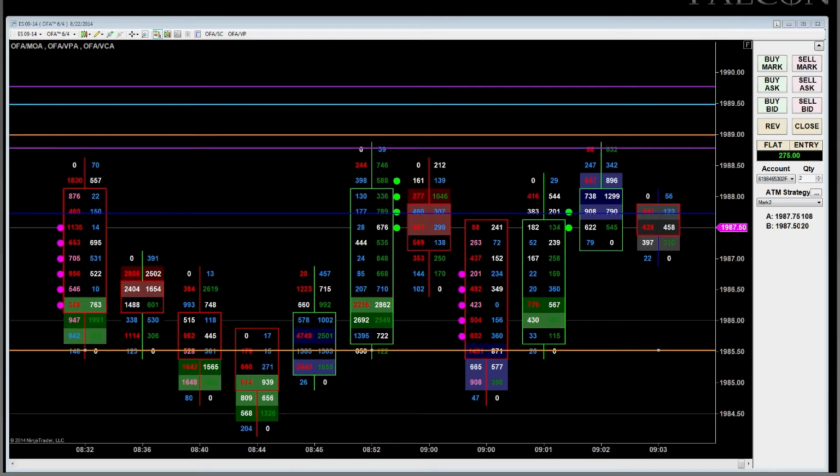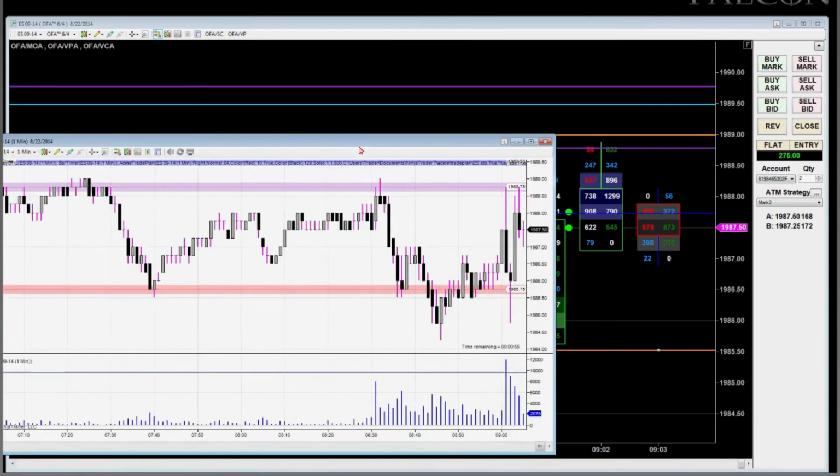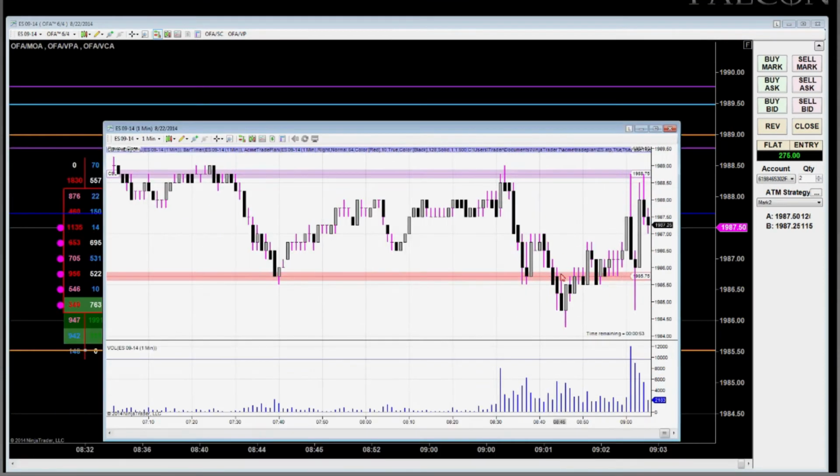We had an initial bump of volume right when Yellen started speaking. You can see that right here on the 1 minute chart, and you can see the volatility right after she started speaking. $88.75, $84.75.